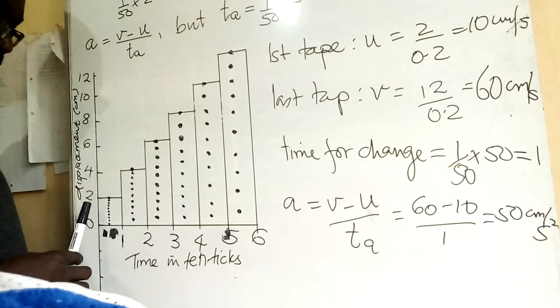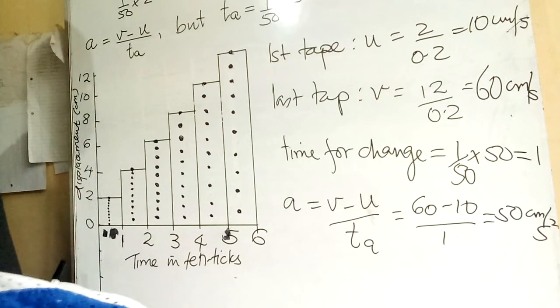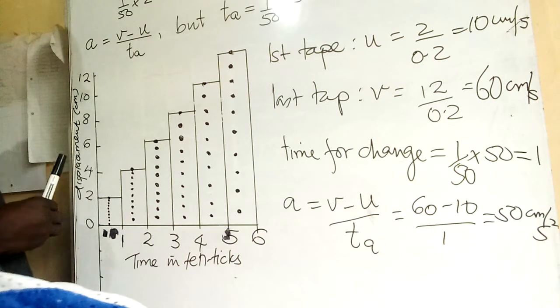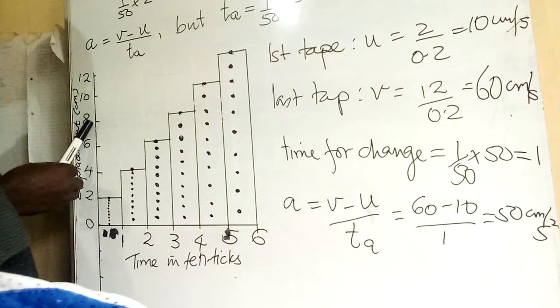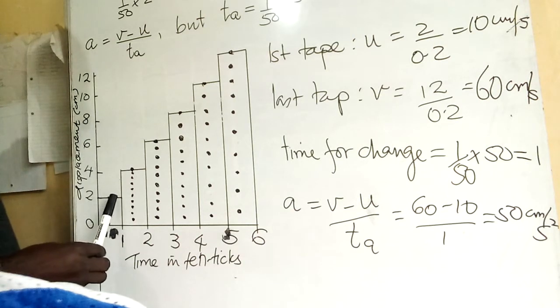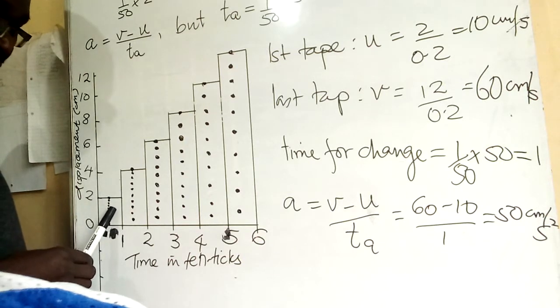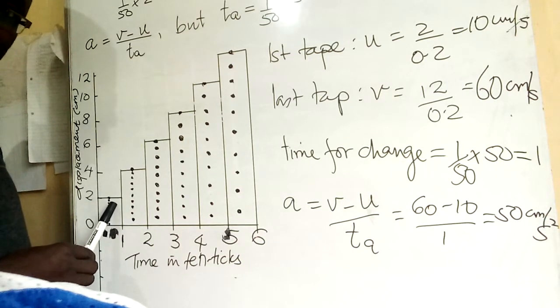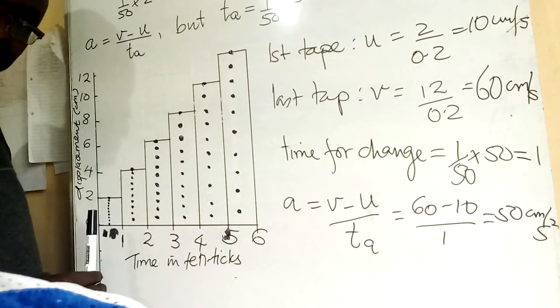Each piece gives me the distance according to the vertical scale, which is labeled displacement in centimeter. So this is the scale. You can see the initial tape here, which has 10 spaces. Each tape has 10 spaces.